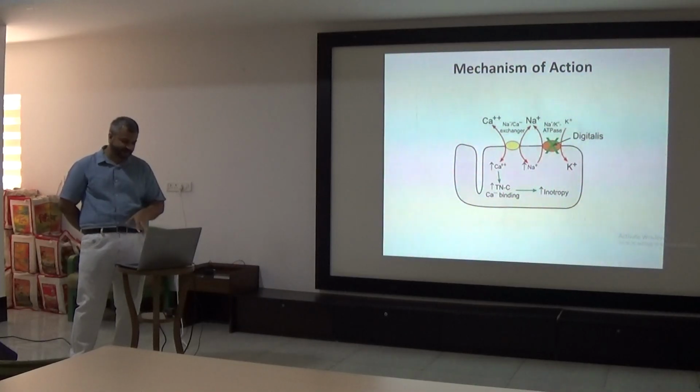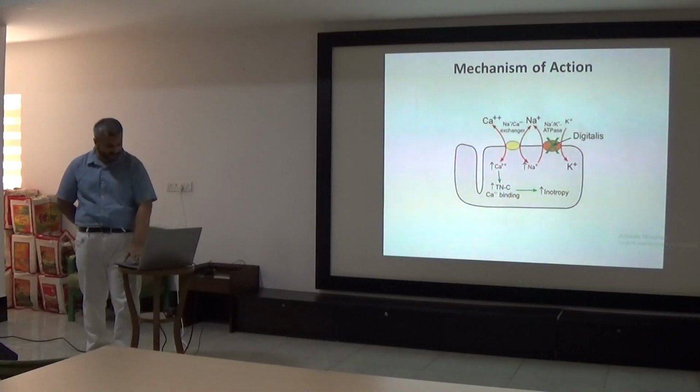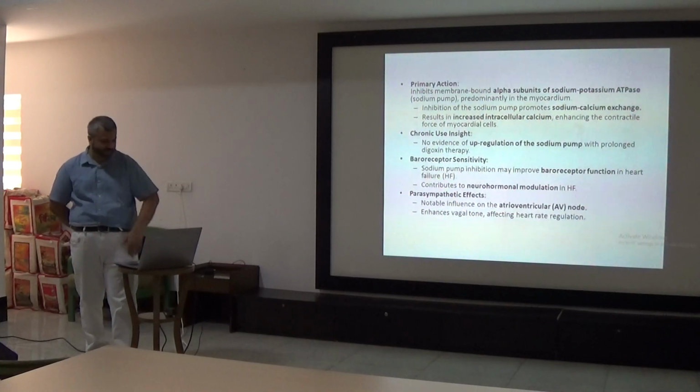It blocks that receptor, hence there is an increase in the intracellular sodium concentration, which again hampers the function of another receptor, the sodium calcium exchanger, which throws the calcium out and brings the sodium in, but due to the deranged gradient across the cell membrane, the function of that receptor gets deranged, and that is increasing the intracellular calcium, which leads to the main mechanism of action.